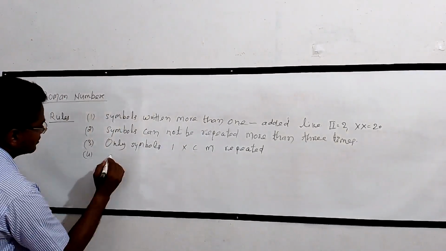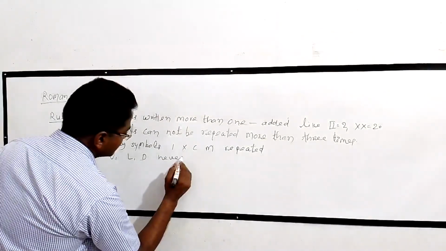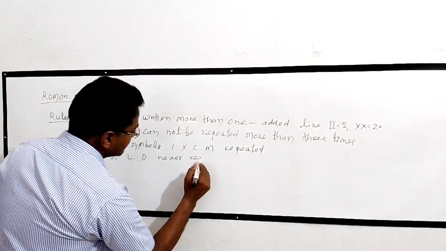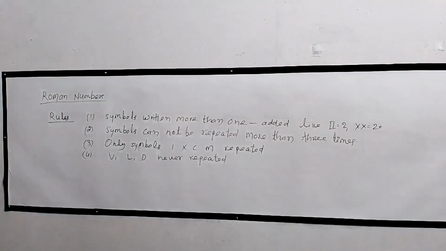Rule number 4. V, L, D are never repeated. Okay.